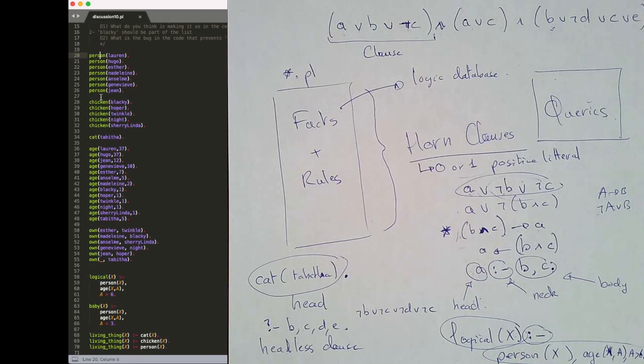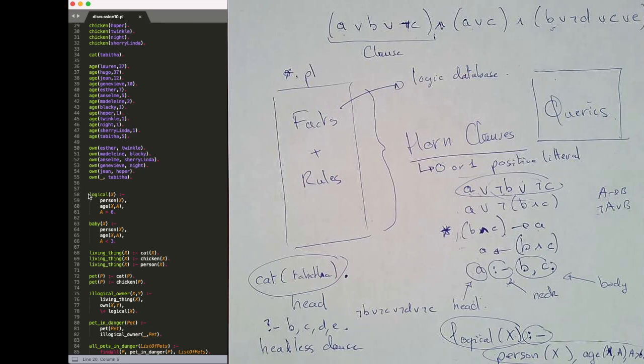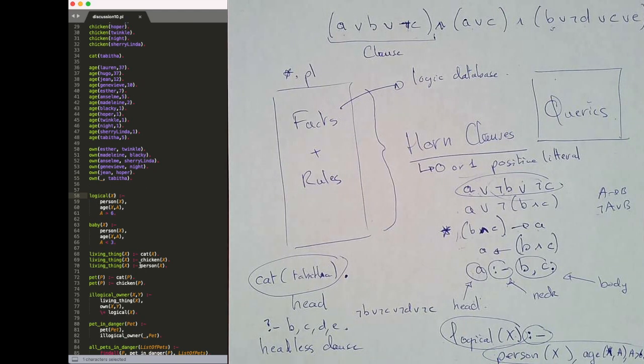So these are not the predicate logical, so it's going to stop at line 58. This is the predicate logical. So now the goal I want to satisfy is logical X. If I had put some other variable here, say Y, it would unify that variable with X, and then we would satisfy logical X.